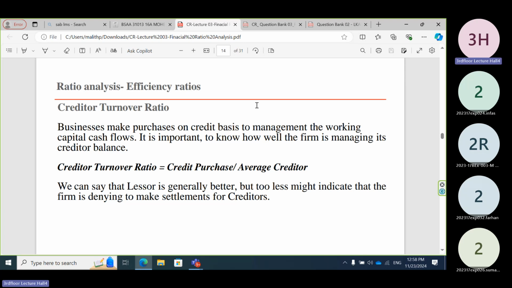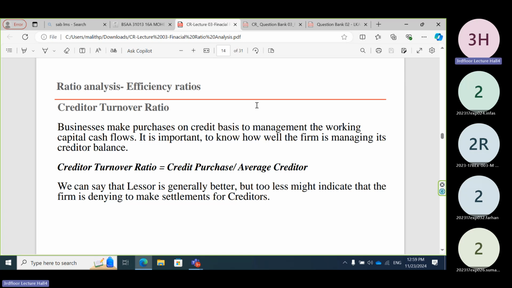Credit purchases are for the period, while the average creditor comes from balance sheet items, so we take an average amount. It assumes that the average creditor will remain for the period as a creditor balance.